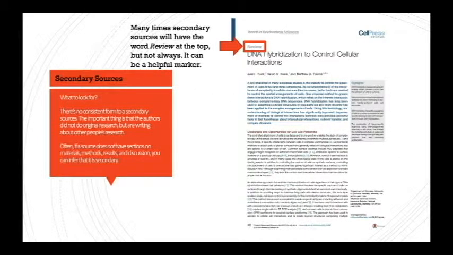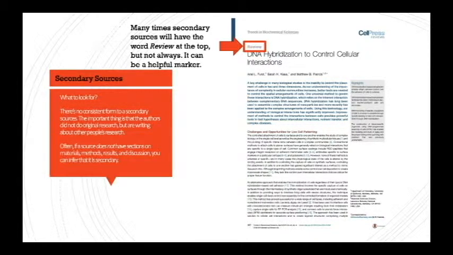So what to look for in secondary articles. There's no specific consistent form for secondary articles, but the important thing is that the authors did not do original research, but they're writing about other people's research.